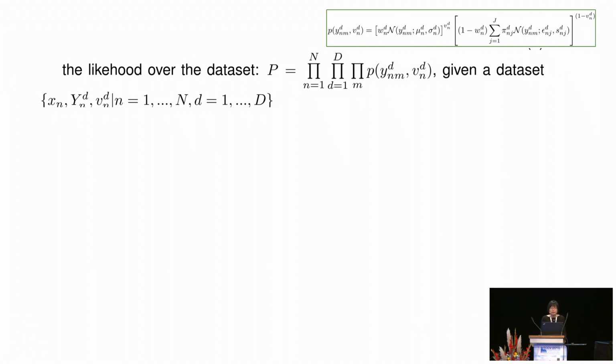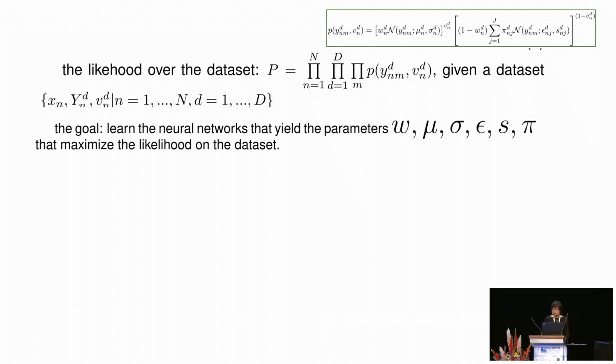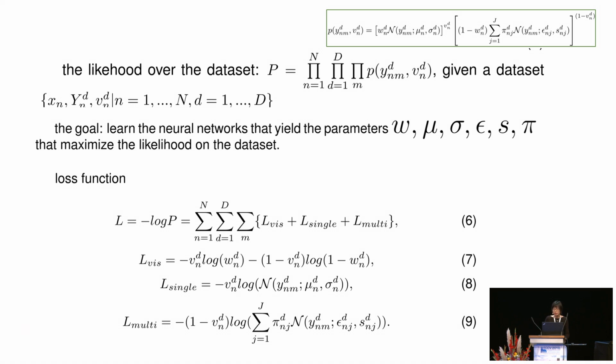Given a dataset consisting of triplets of input image X, all the possible locations Y, and its visibility, the likelihood over the dataset is the product over all the individual images and their joints. So now our goal is to learn a neural network that produces parameters maximizing the likelihood on the dataset. We use the negative logarithm likelihood as the loss function. It will result in 3 terms.